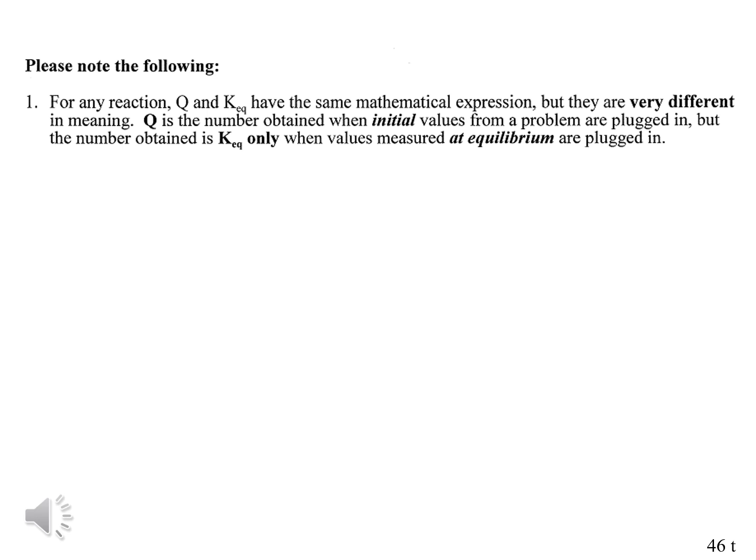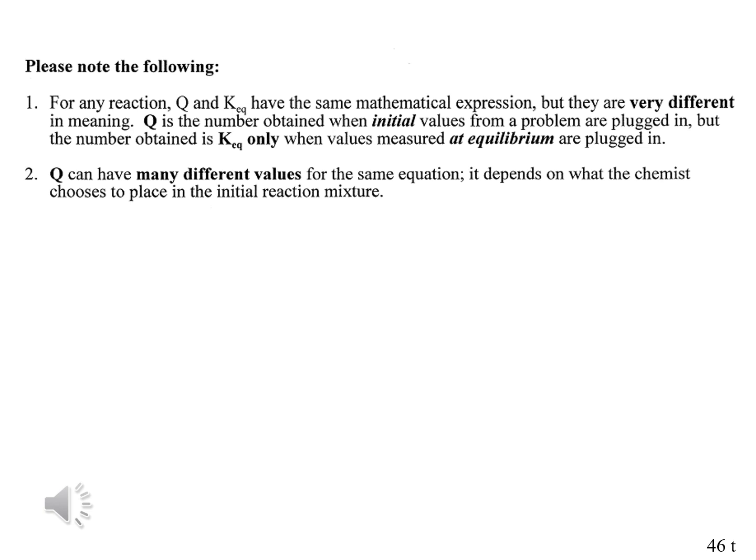equilibrium values. Q and KEQ have the same mathematical expression, but Q can have many different values for the same equation, because you can make any initial reaction mixture you wish. You can choose any concentrations you want and mix them.